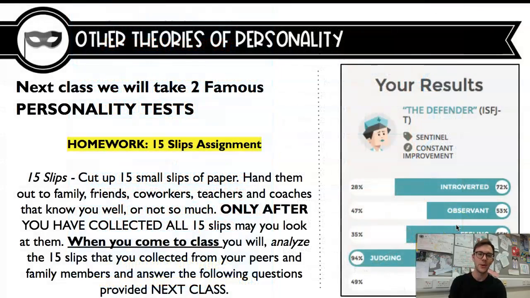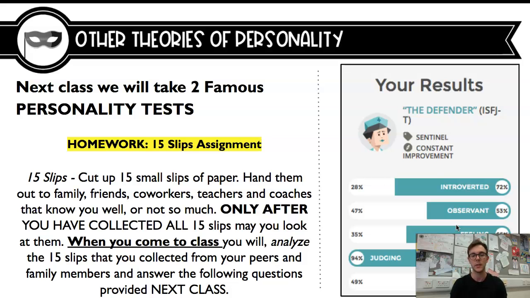All right, hello. This is actually a recording from a year later than the footage you were just watching a moment ago. What we're going to be doing next class, now that you've looked at and studied this variety of different tests that are empirically derived, some more than others, to measure the traits we use to define our personality, is look at two of these personality tests in class.